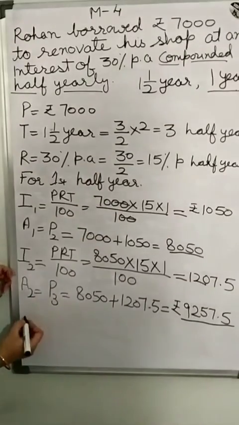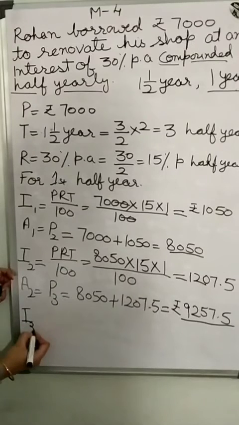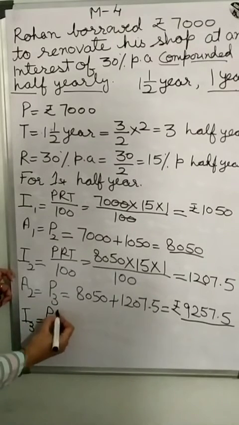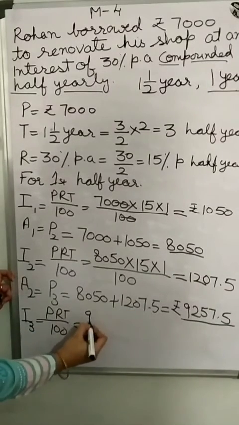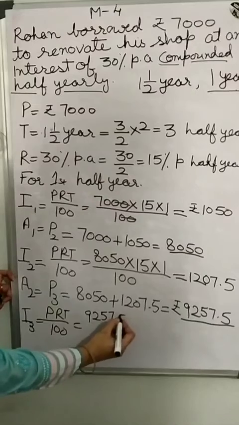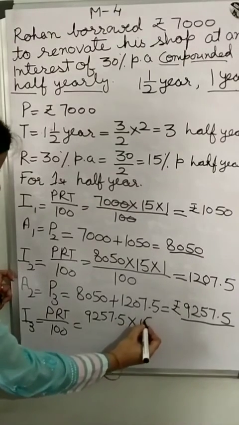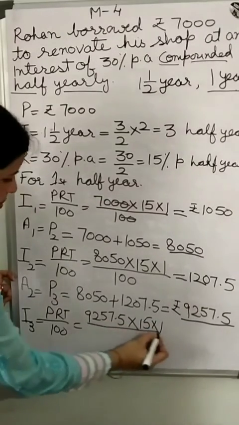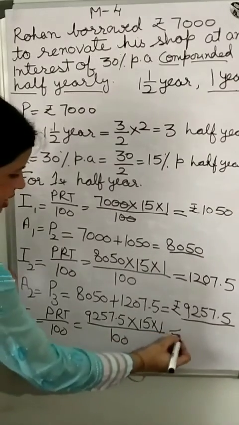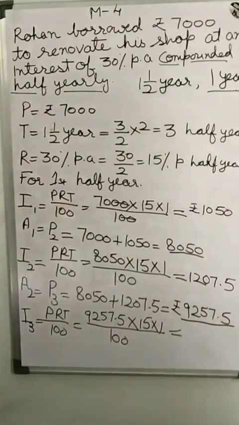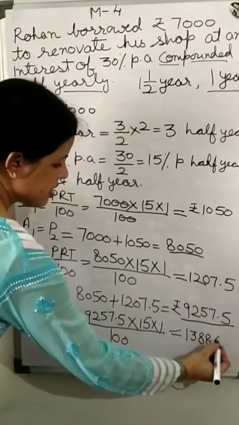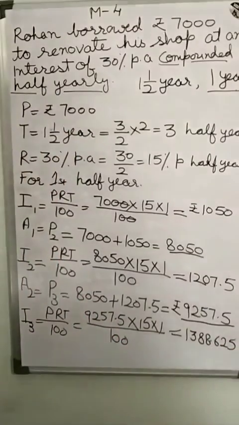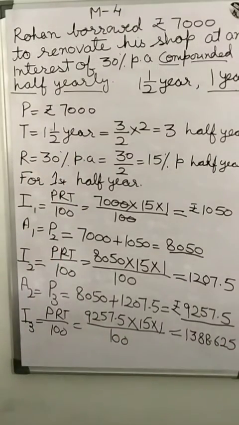This becomes the principal. So A2, I3, and then use the formula PRT upon 100. This is the principal for the third half year. In the same way you write down all the values, and here you will get 1388.625. Now find the amount.